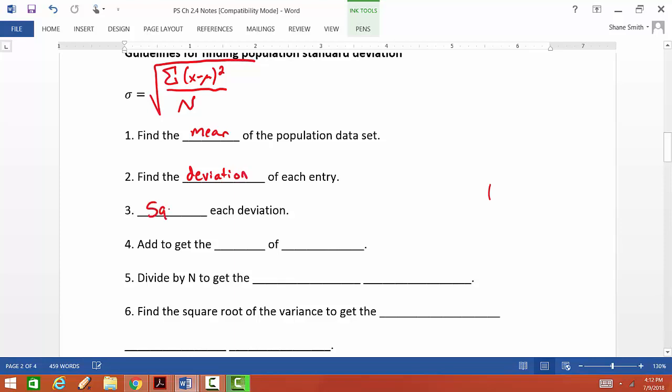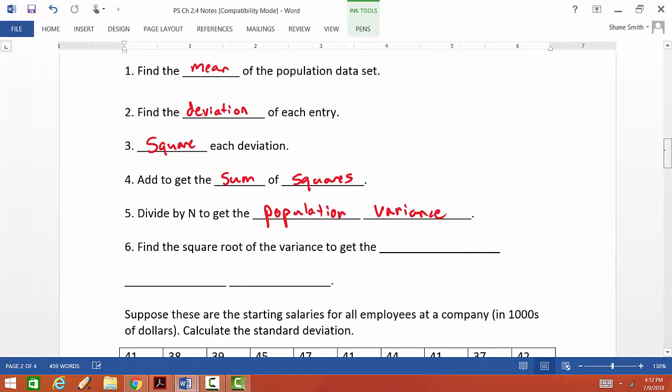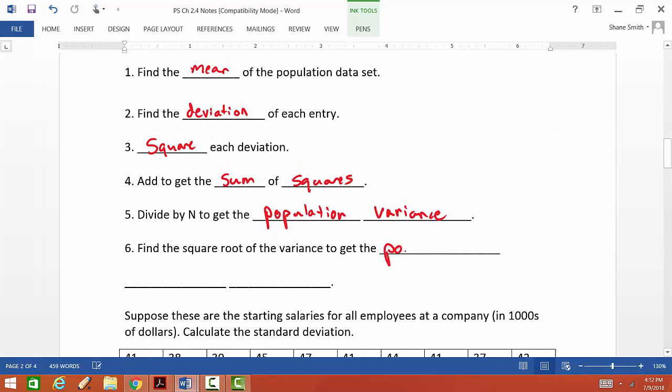We square each deviation. We add to get the sum of squares. We divide by n to get the population variance. And we take the square root to get the population standard deviation.